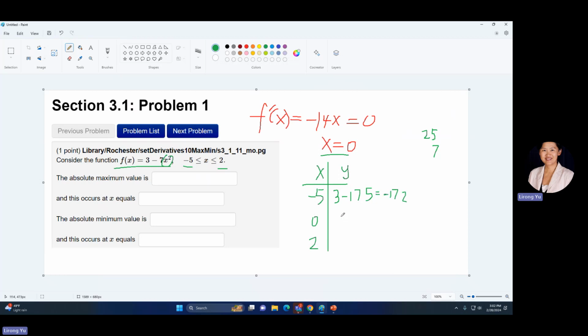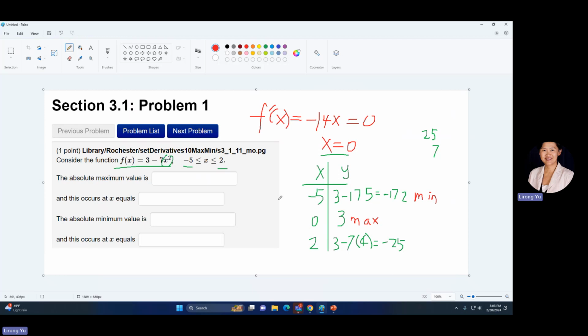When you plug in 0, then you get 3. If you plug in 2, that is 3 minus 7 times 4, 3 minus 28, which is -25. After we calculate all the y values, we realize that the maximum is the only positive number. The minimum is the one that's really negative, -172.